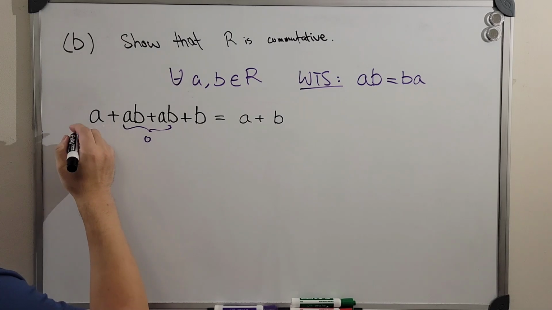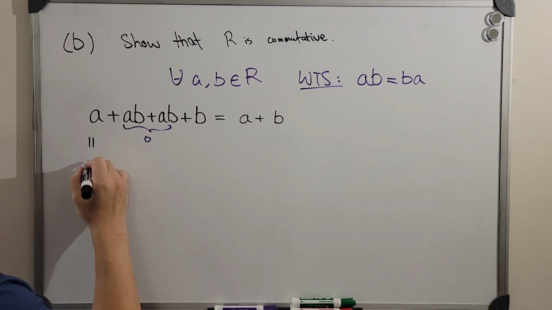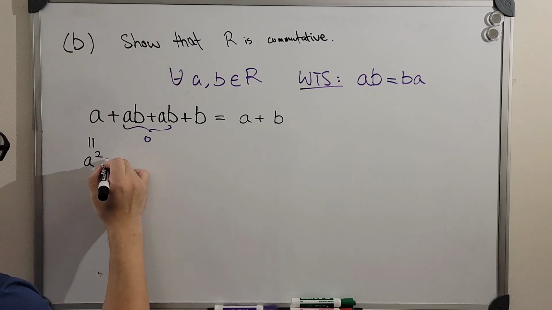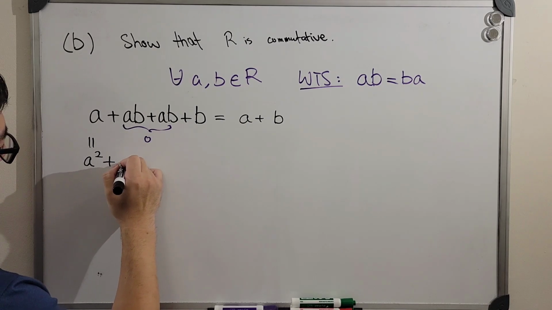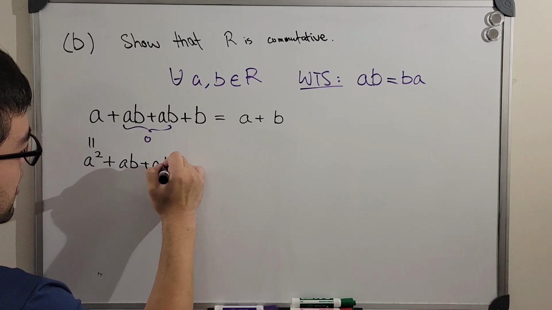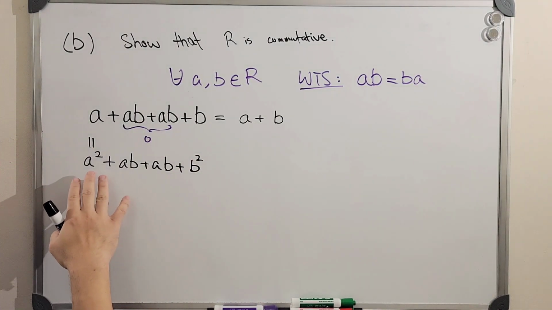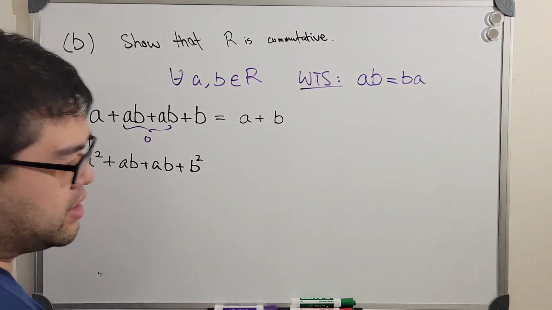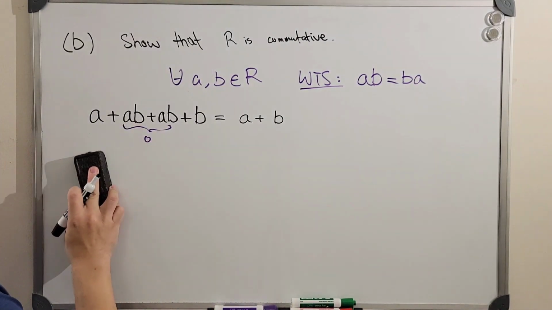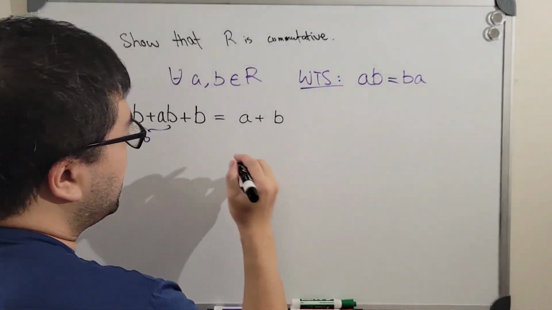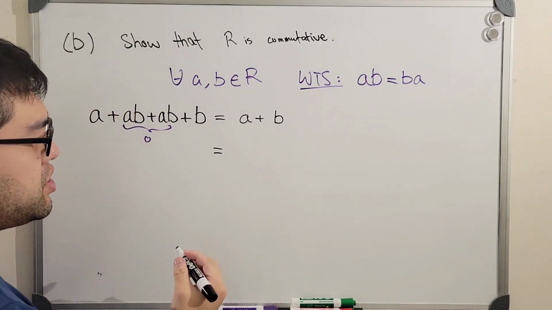So in other words, at the beginning, we also started off with A squared plus AB plus AB plus B squared. Now, keep that in mind again. Here we can already factor out. This is the reason why. We're going to continue the proof and see how this changes.